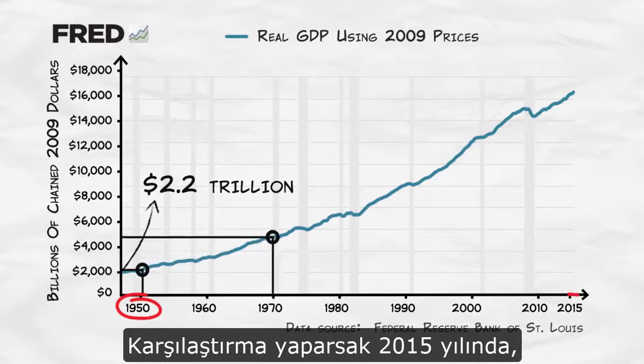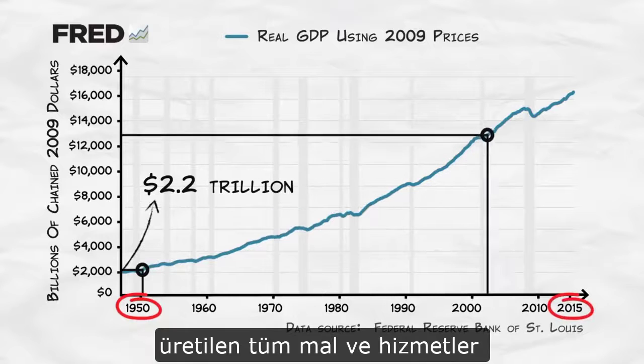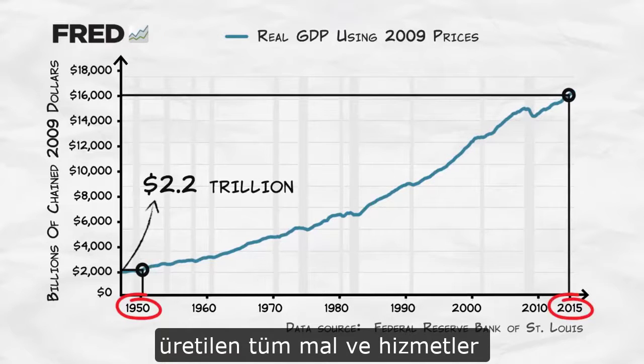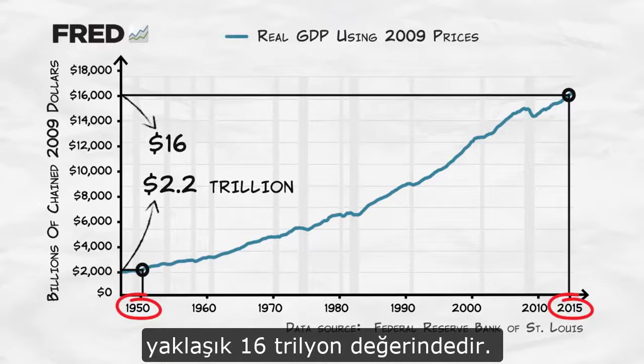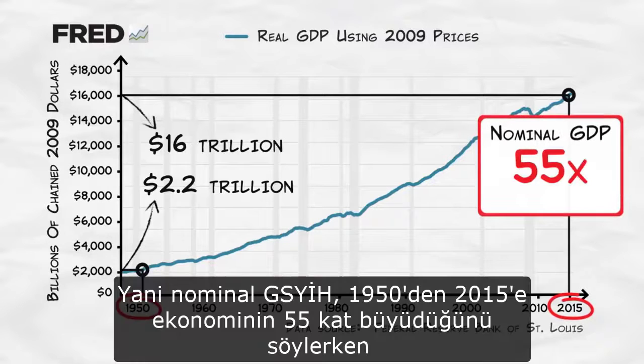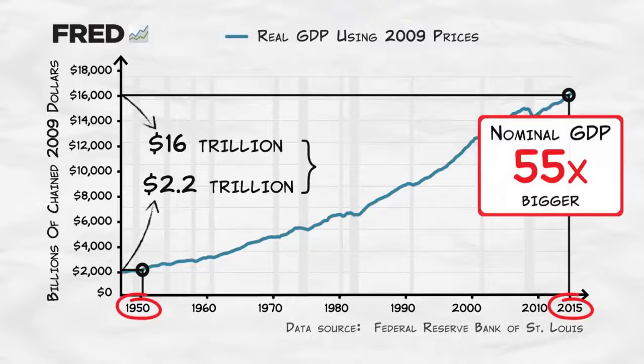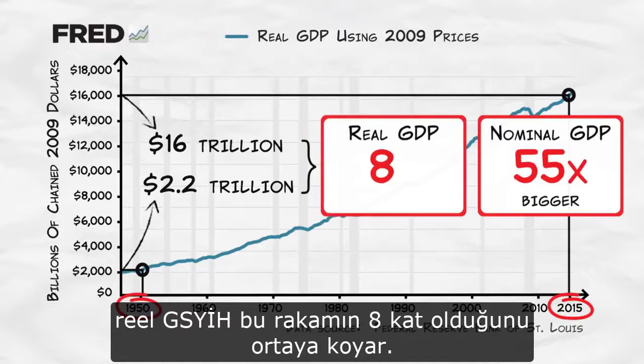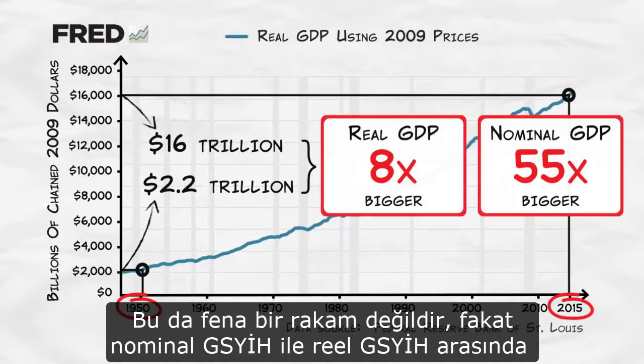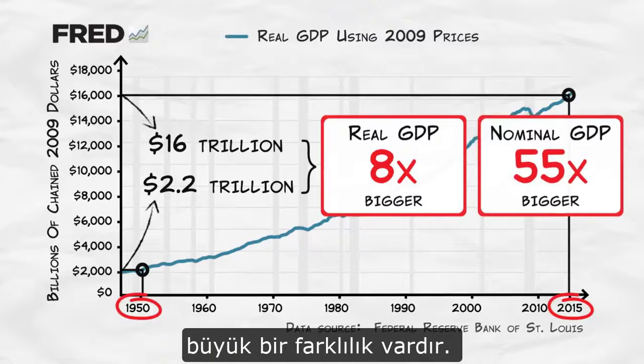In comparison, in 2015, all the goods and services produced at that time were worth about $16 trillion. So while nominal GDP says that the economy is 55 times bigger in 2015 than in 1950, real GDP shows us that it's 8 times bigger. That's still pretty good, but a big difference between nominal GDP and real GDP.